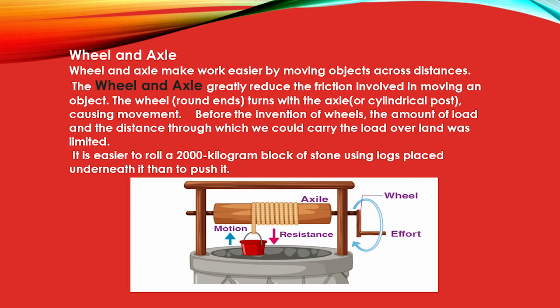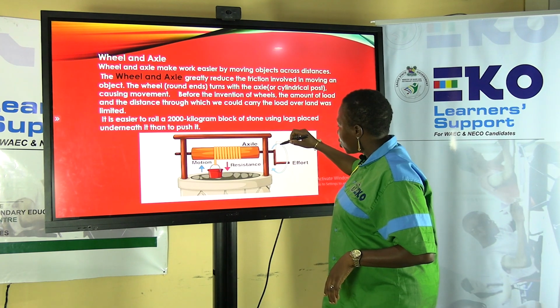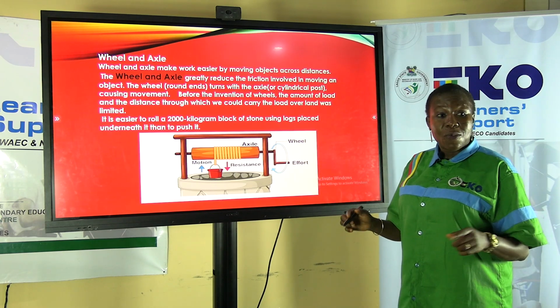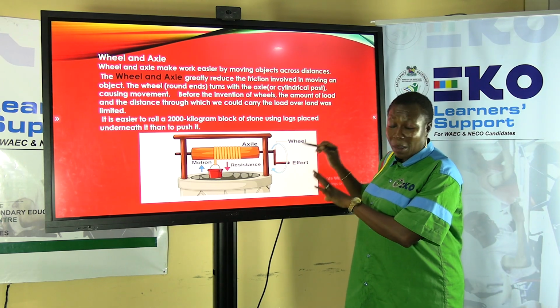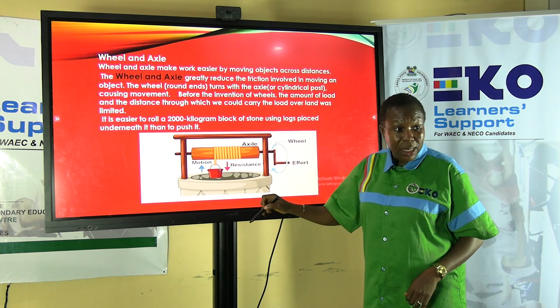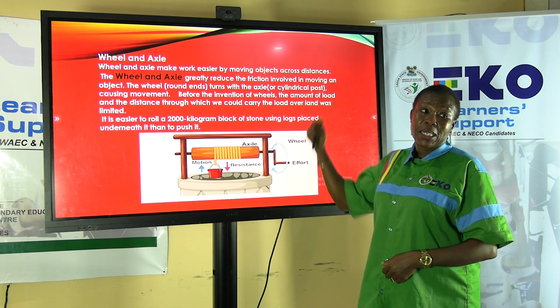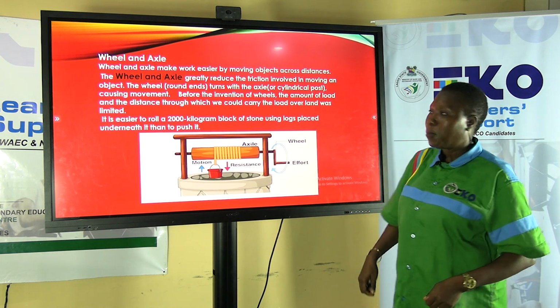Wheel and axle. Wheel and axle make work easier by moving objects across distances. The wheel and axle greatly reduces the friction involved in moving an object. The wheel, which is the round end we have here, depends on how you turn it, if you are fetching water from the well, or you are returning the bucket back to the well.